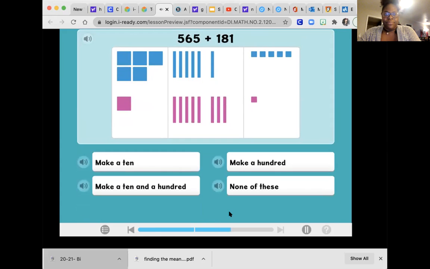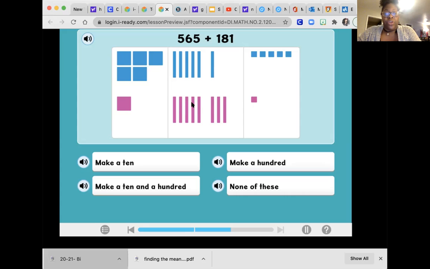Which of these will you do when you add 565 and 181? So let's look at this. We have 1, 2, 3, 4, 5, 6. That's not going to make a 10. Then we have 1, 2, 3, 4, 5, 6, 7, 8, 9, 10.